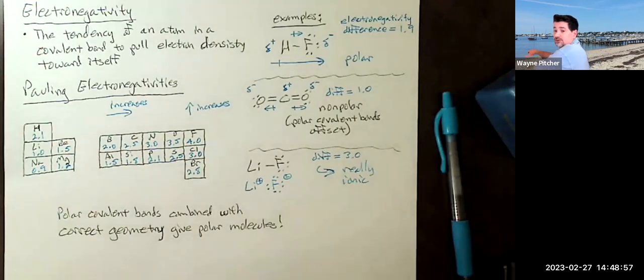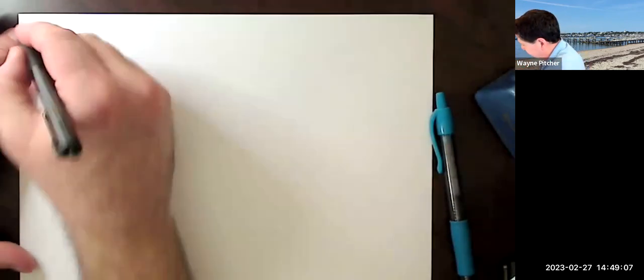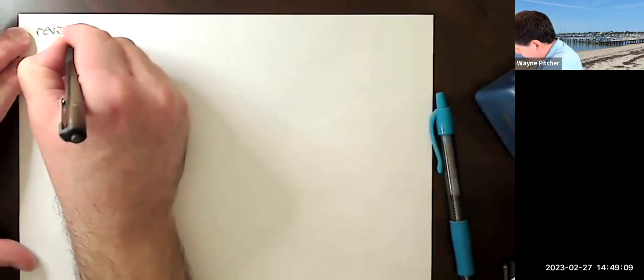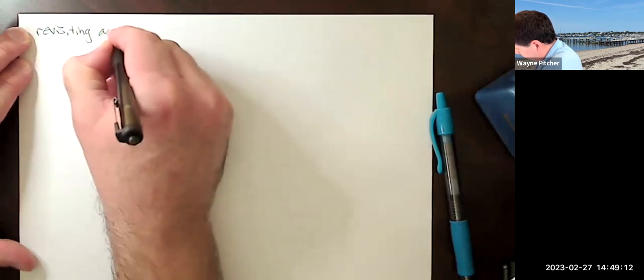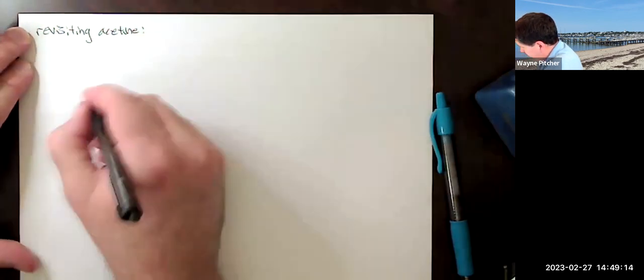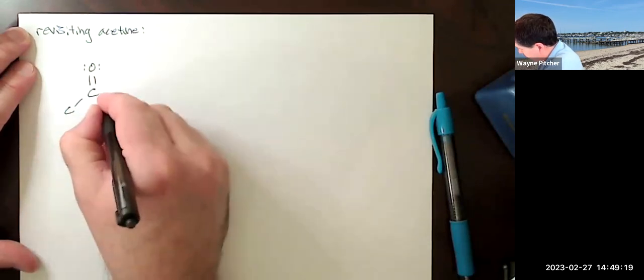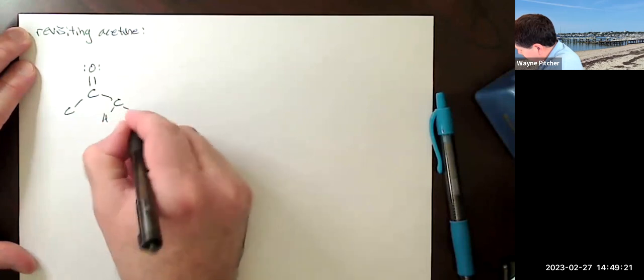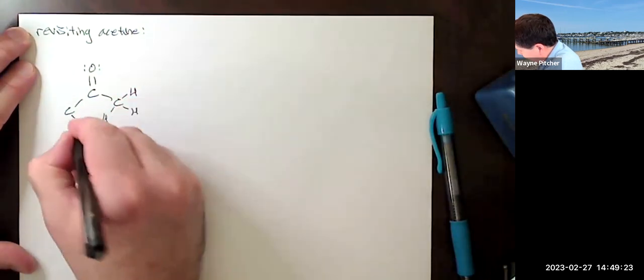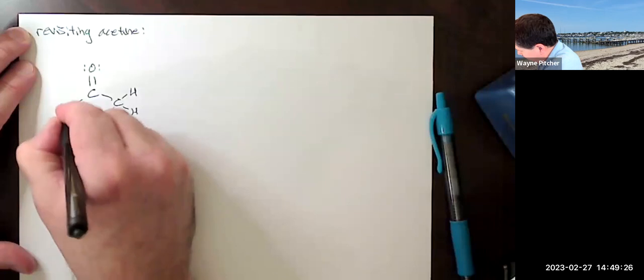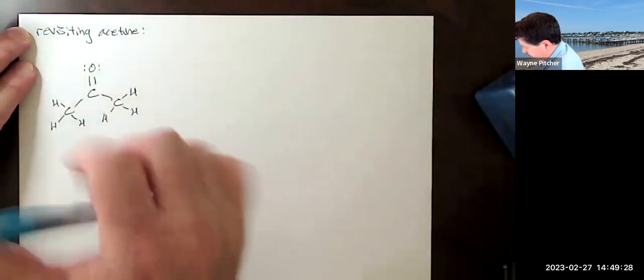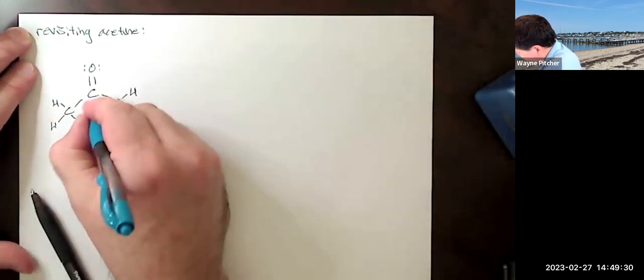So let's revisit acetone. I'm actually going to draw a little bit more of the Lewis structure here. I'm still indicating how it is trigonal planar, of course, but now we can see all of the hydrogens.